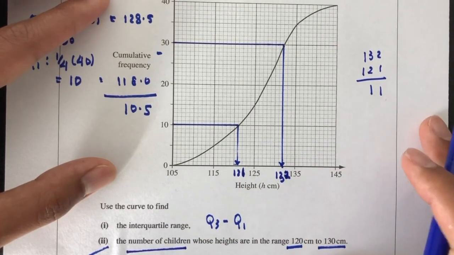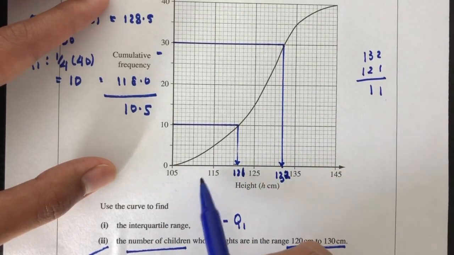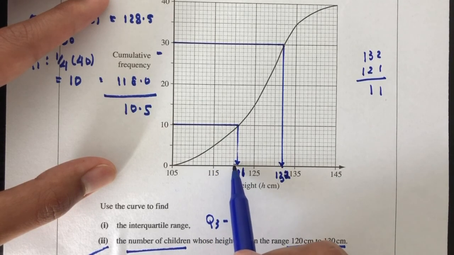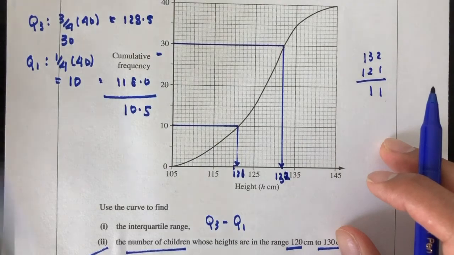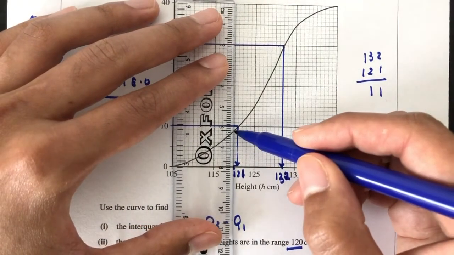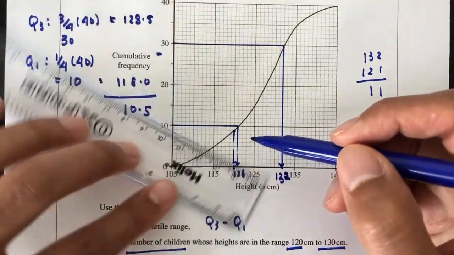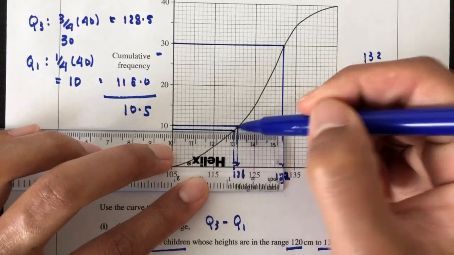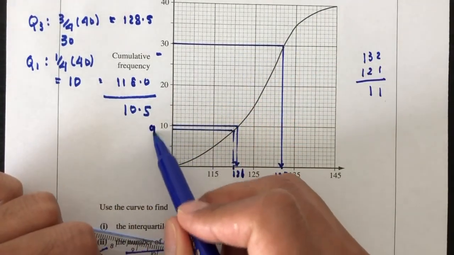So let's do that again. Now for part 2, for 120, it should be 16, 17, 18, 19, 20 on this line. So you will cut the curve at this point, and the number of people here is 9.